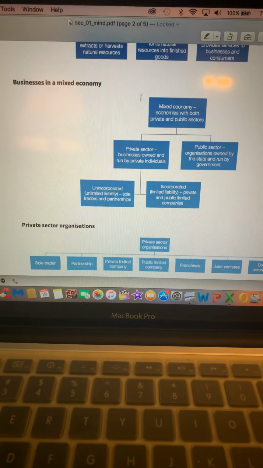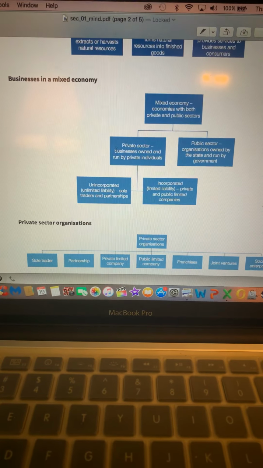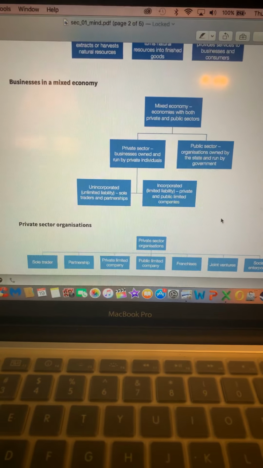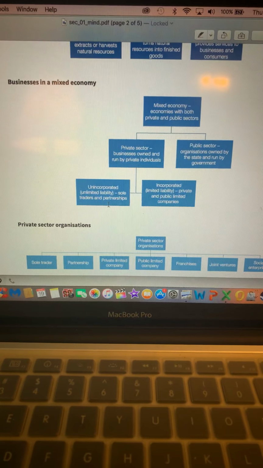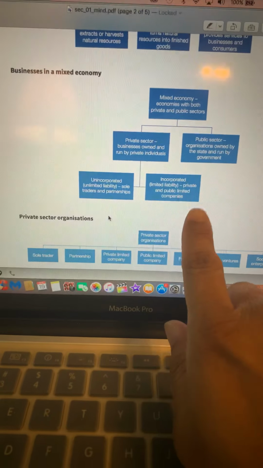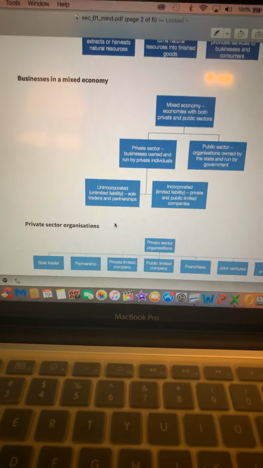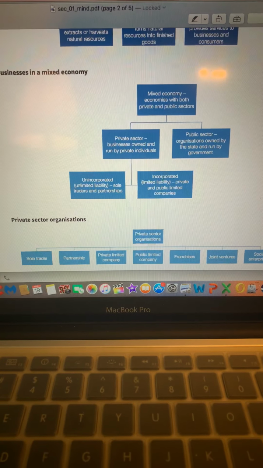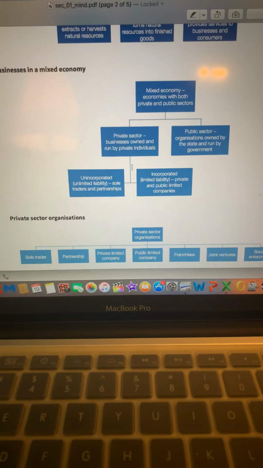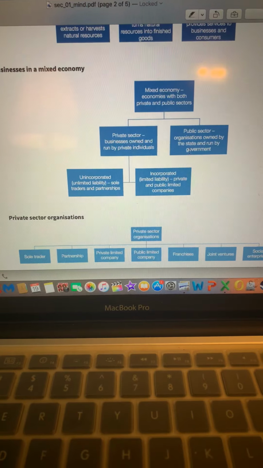Mixed economy is basically a combination of private and public sector corporations. And under the private sector, you have both unincorporated businesses and incorporated businesses. But you also have market economies where it's only the private sector and does not include the public sector.